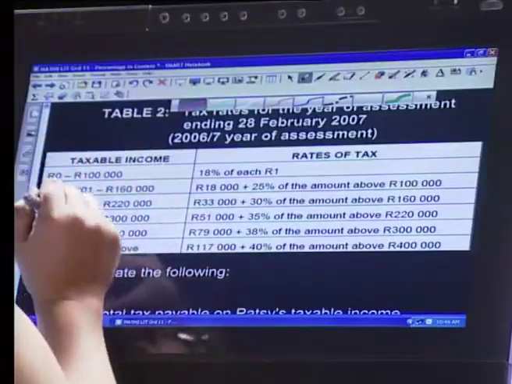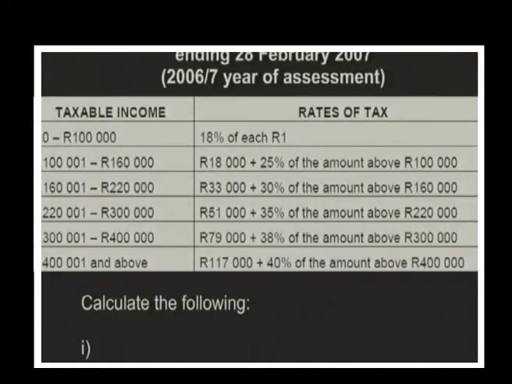Thereafter, you go into the next tax bracket, which means you're paying 18% of the first 100,000 and an additional 25% of the amount above 100,000. That 18,000 Rand over there accounts for 18% of each Rand, and 25% of the amount above 100,000. And then you move into the next tax bracket.